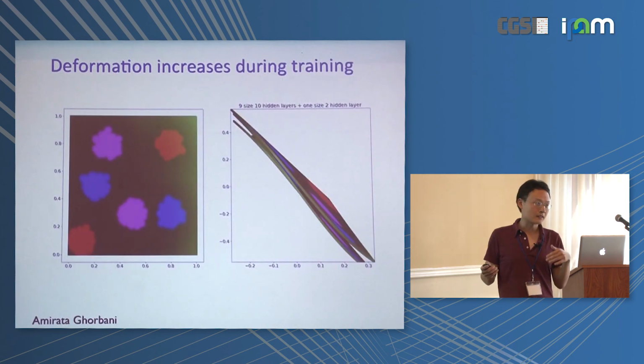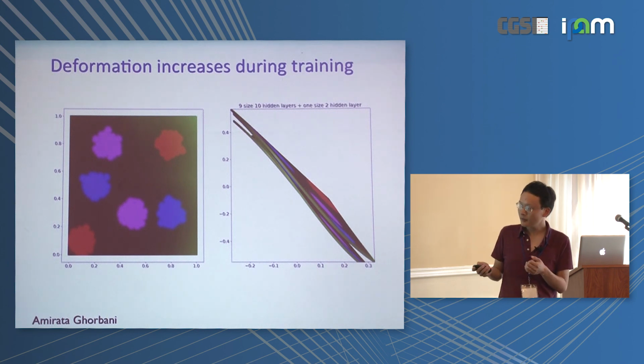But we also see that the distortion increases during training. This is nice work from my student Amir Atta Gorbani, where this is again a two-dimensional input with a few different classes, which is the distribution that I want to model.